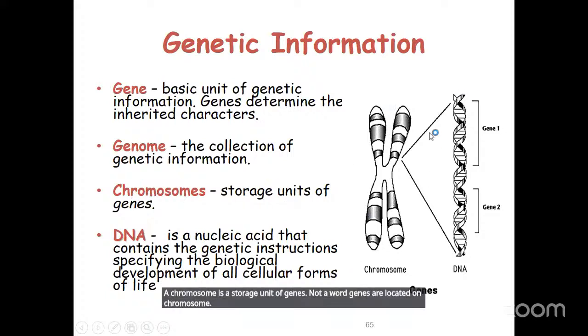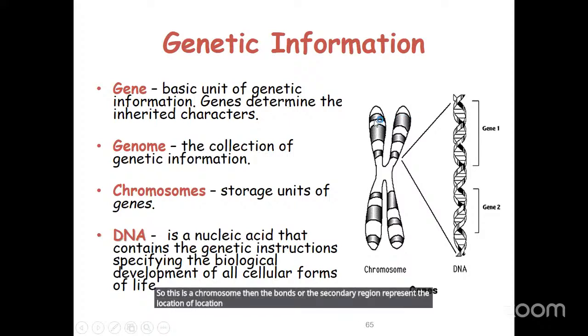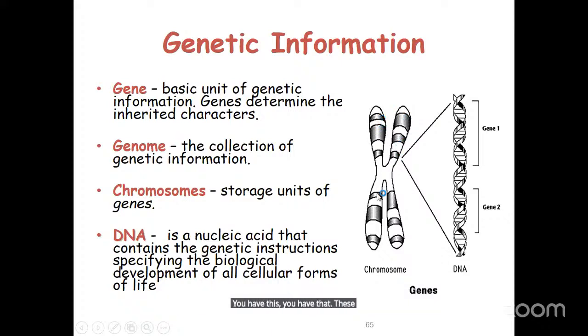So this is a chromosome. Then the bands or the shaded regions represent the location of genes. So you have this, you have that. These are the locations of genes. And the locations of the genes on the chromosome are called loci. Loci, plural, locus, that is the exact position of a gene on the chromosome.